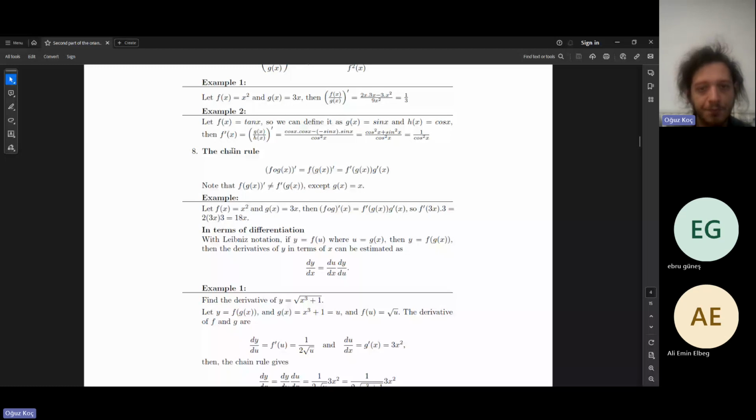In this chain rule, we can calculate the composite of the functions, which is a function inside of a function.